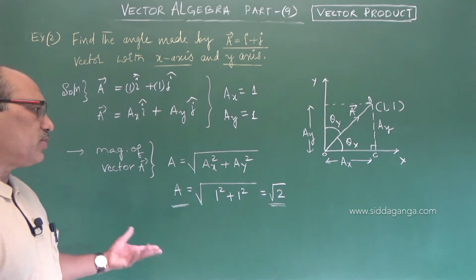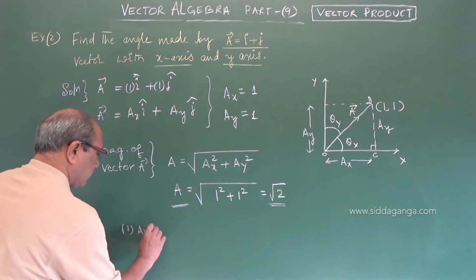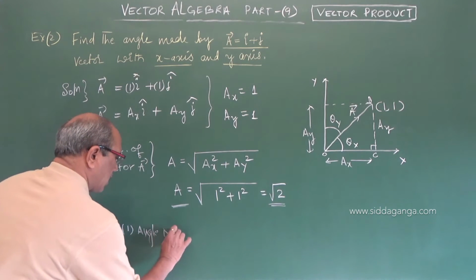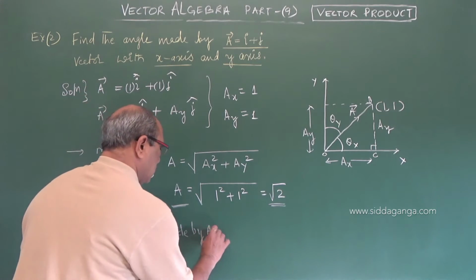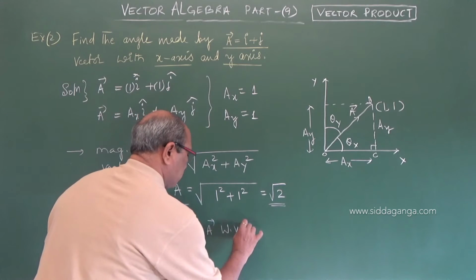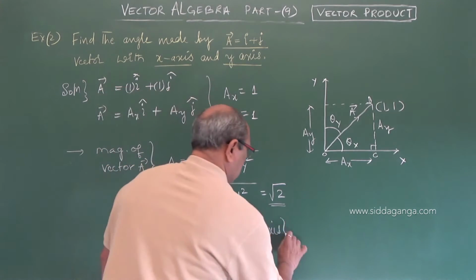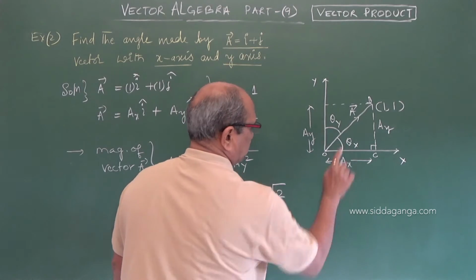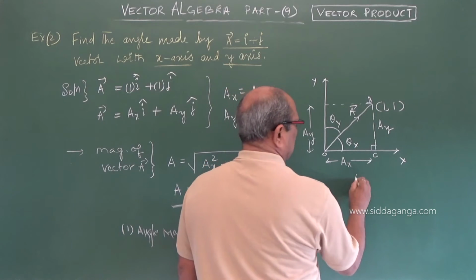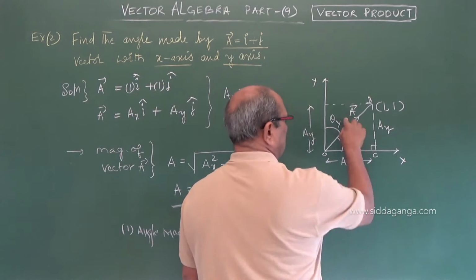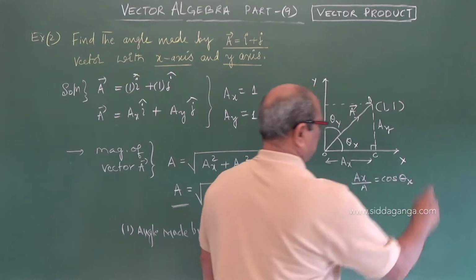Now our job becomes simple. The first angle is the angle made by A with respect to the x-axis. You want the angle made by this. So how can you calculate here? You know Ax by A can be written as cos theta x.